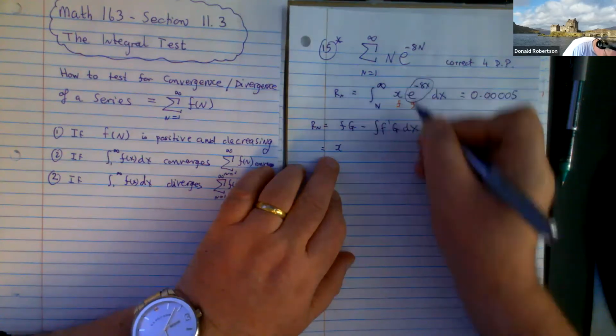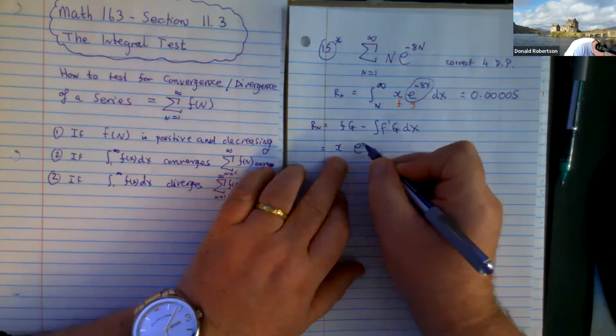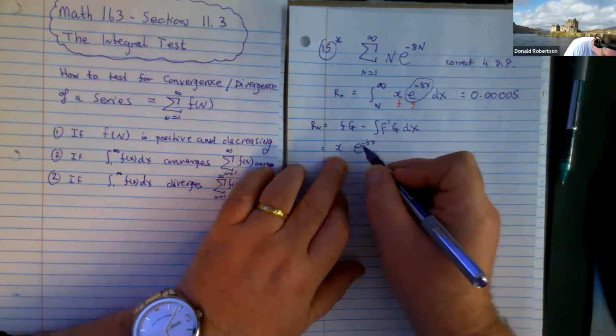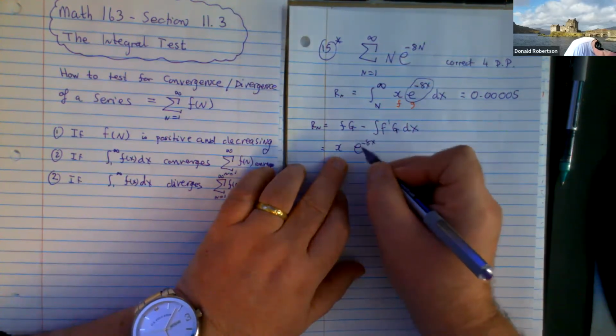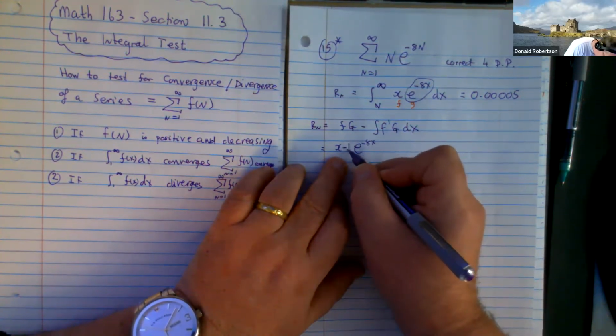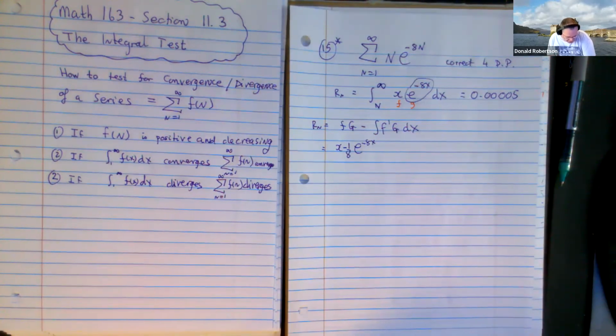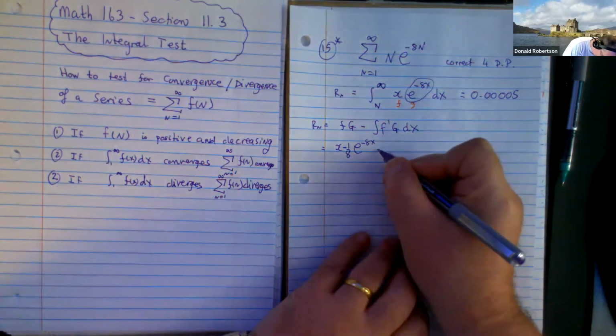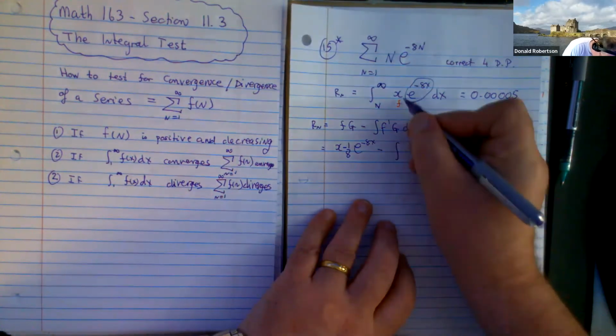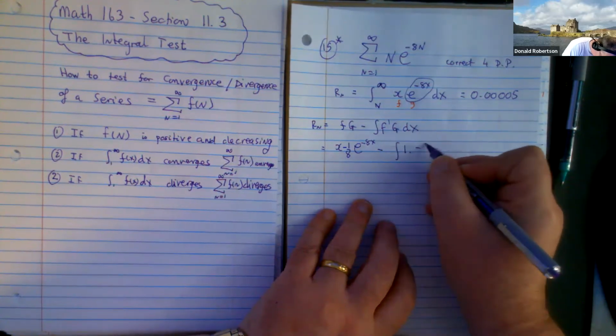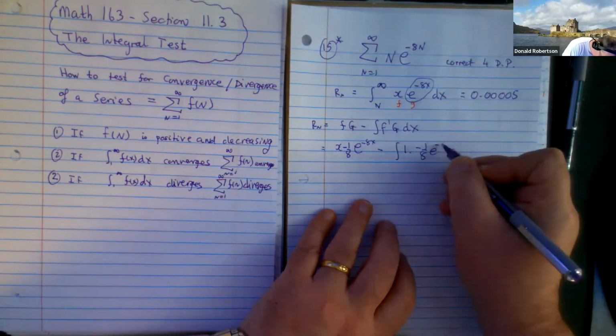That's messy, because when you integrate e to the negative 8x, you get e to the negative 8x, and then a negative 1/8, not a times negative 8, but a times negative 1/8, because it's an integration. Take away, and the derivative of this guy is 1 with another one of these guys.